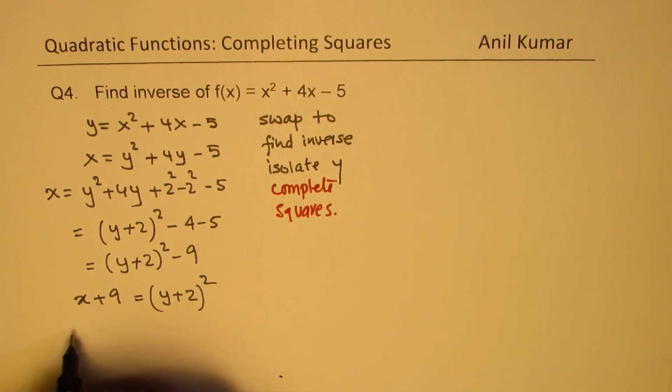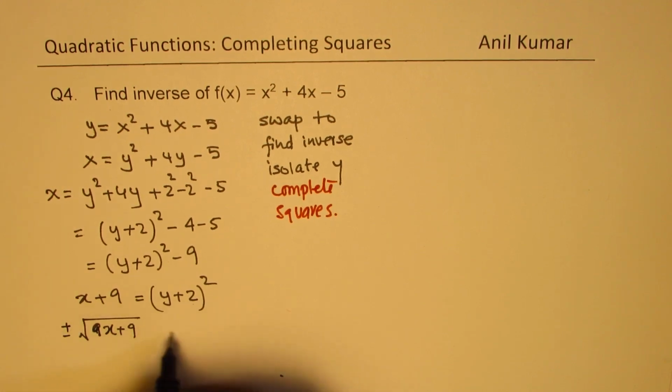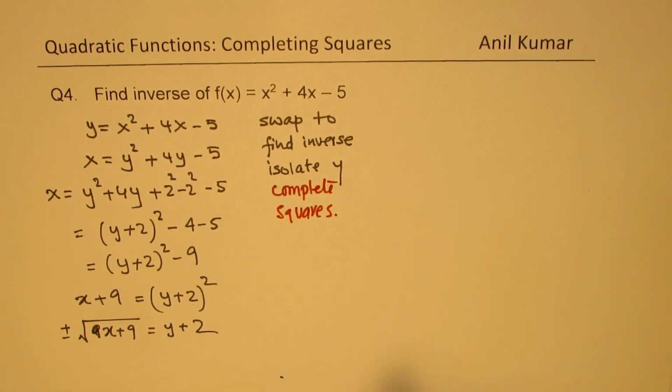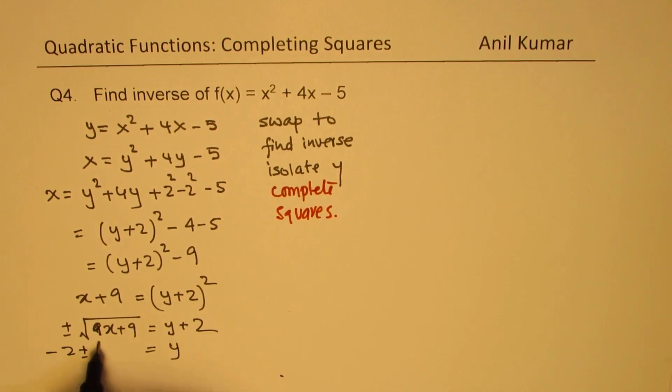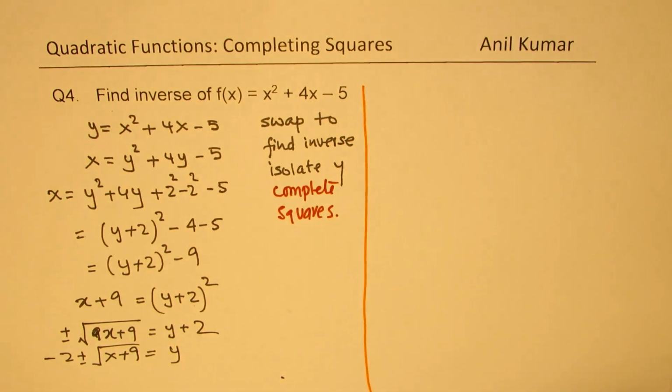Now we'll square root it. So whenever you square root, you have to write, let me write x first, right? Plus and minus, we get y plus 2. Now you can isolate y, and you get y equal to minus 2 plus minus square root of x plus 9. Is that clear to you? Perfect. Let me rewrite this on the right side.